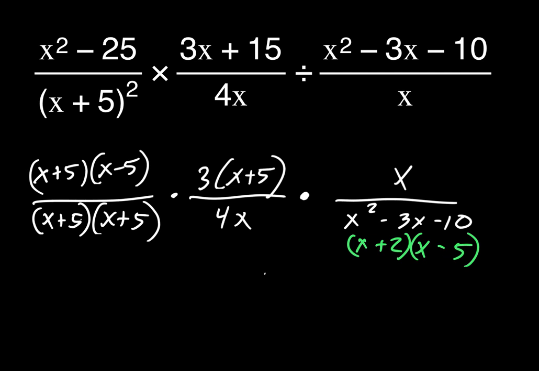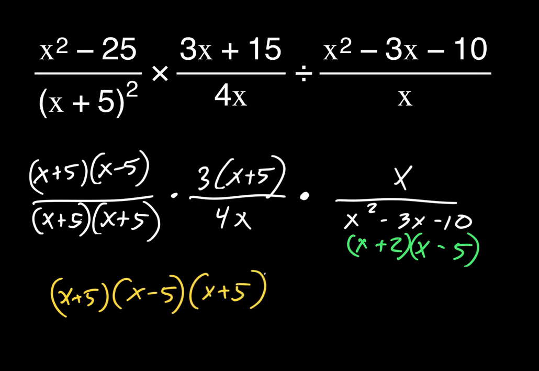But now I have a giant fraction. And we'll do it in yellow here. I have x plus 5 times x minus 5. There's another x plus 5, and there's also a 3. I'm going to throw that in there. Oop, actually, let me do this. There's a 3x. So in the numerator, I've got x plus 5, x minus 5. I got another x plus 5.